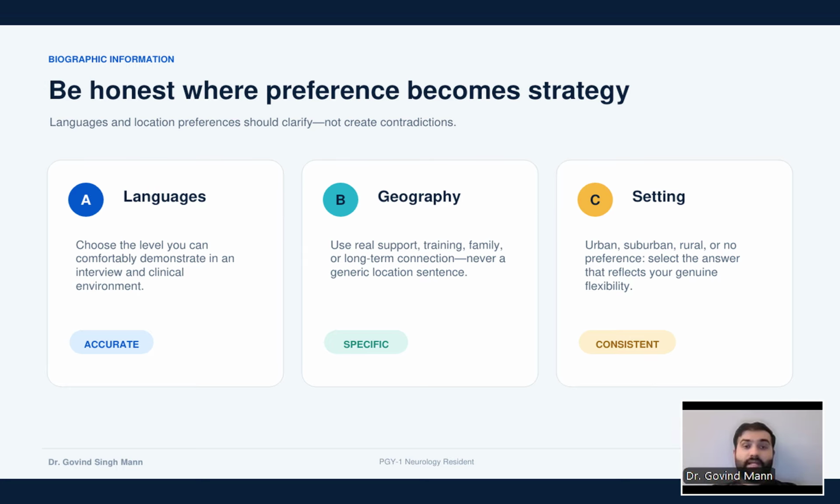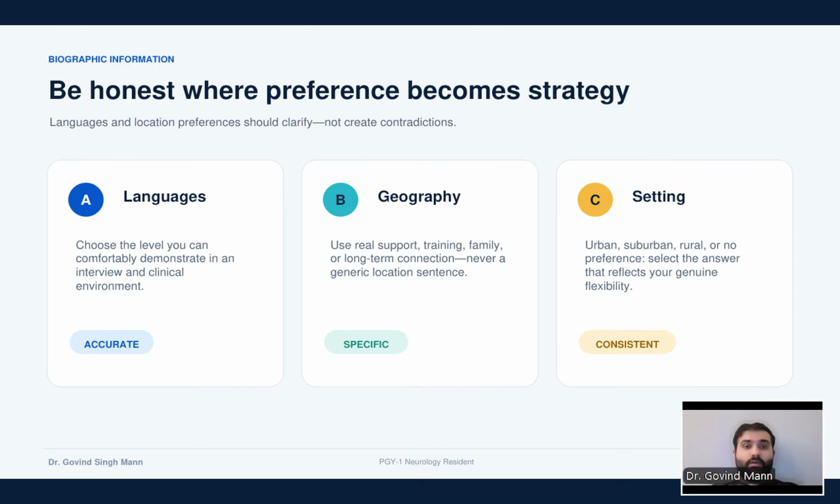So that really helps you. But if you are not fluent enough, or if you feel your Spanish is not good enough for a comfortable conversation, then I would say don't use that.